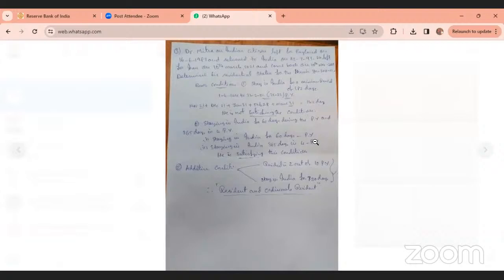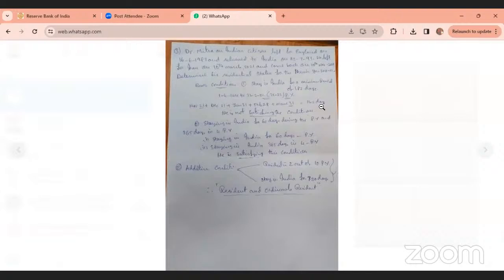So stay in India: November 21, December 31, January 31, February 28 days and March 31st. In total he stayed in India only 142 days previously. So the basic condition is not satisfied.